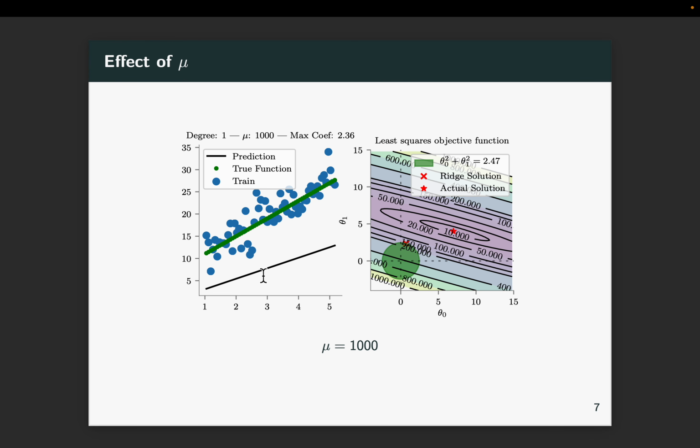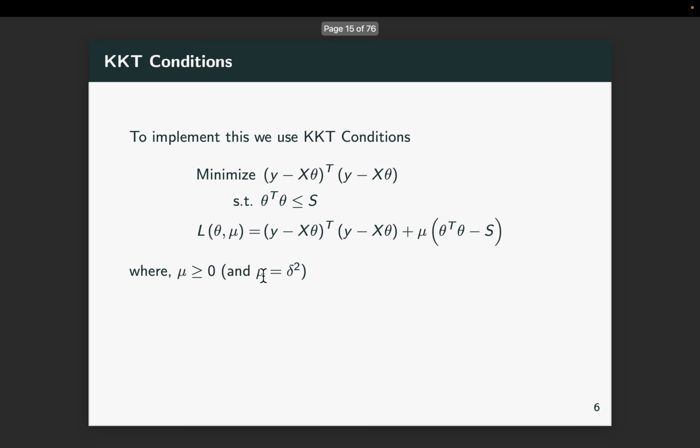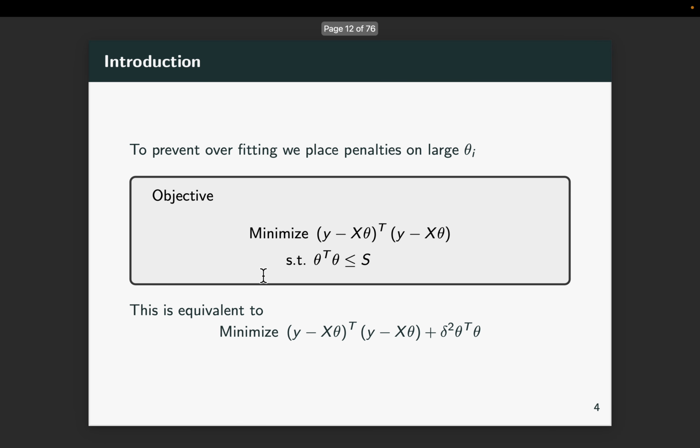So let's go back to this and just read lambda square or delta square and mu to be equivalent here. If mu is a very small quantity or 0, right. If mu is 0, then my optimization is the same as the unregularized or unconstrained optimization, which will focus only on the data fit term.